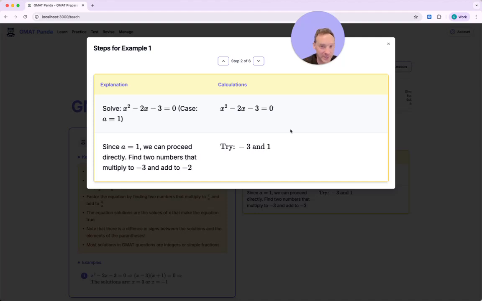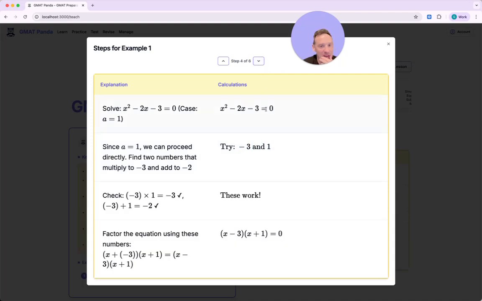But that's very unlikely to be the answer in the GMAT. In most cases, it's going to be simple round numbers. So in this case, the numbers that come to mind could be minus 3 and 1, or minus 1 and plus 3. But we also have this other condition, which is when we add them, we get minus 2. And in that case, the only ones that work are minus 3 and 1.